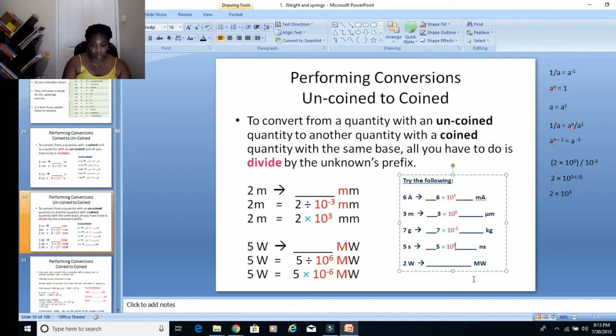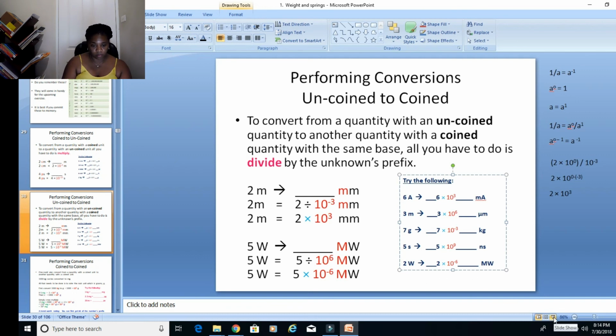And with this one, you notice that you don't even have to think anymore. Once you know you're going from uncoined to coined, you just divide and then multiply. So then 2, and a mega is a positive 6, so therefore it will be negative 6. And that's the magic. That's the magic. So I hope you got all of these correct.